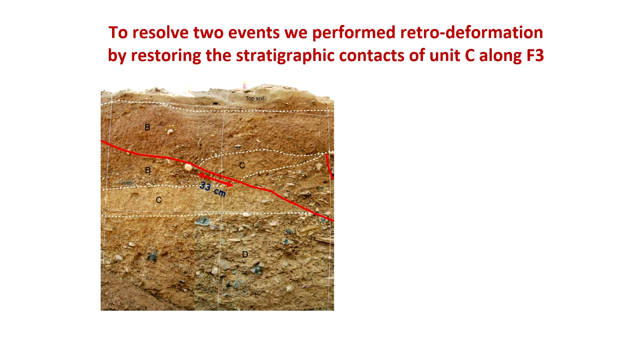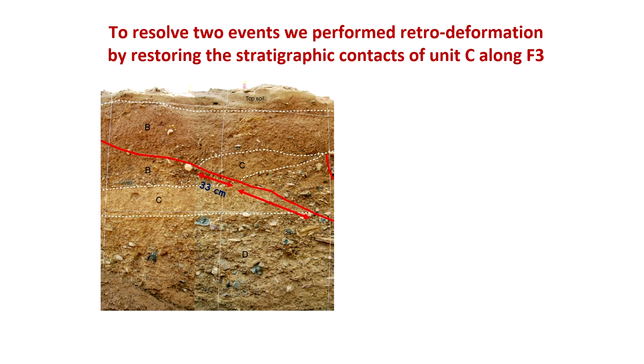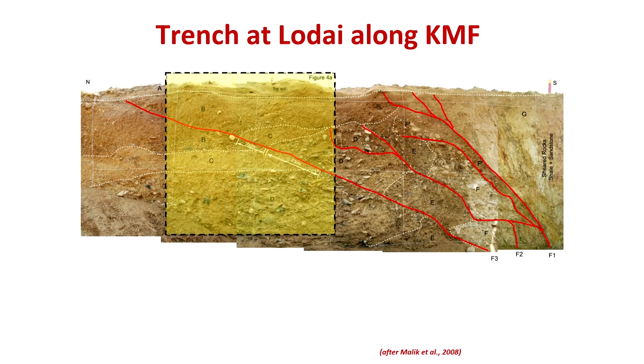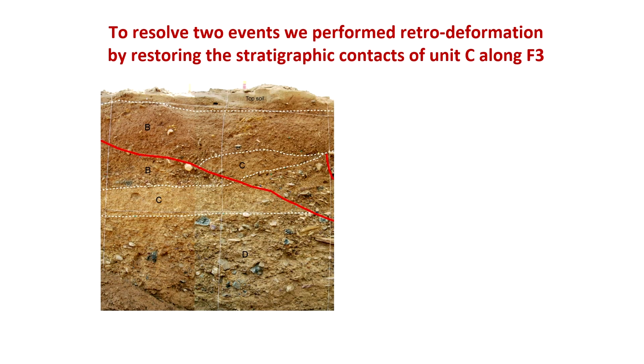As I told, this was showing 33 centimeters, whereas this one was showing 73 centimeters. So, the displacement was along the F3 fault. If you see, this is along this one. This is your F3 fault. We took this because this was giving us the best indication of the difference in the slip.